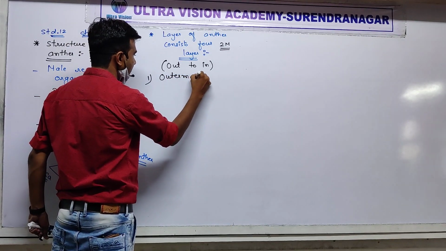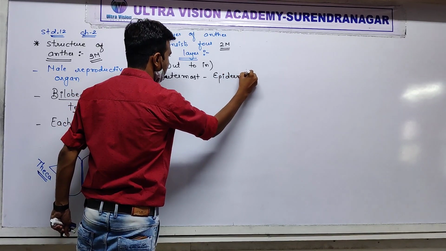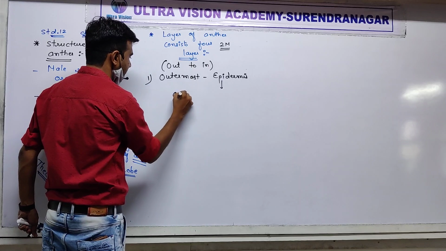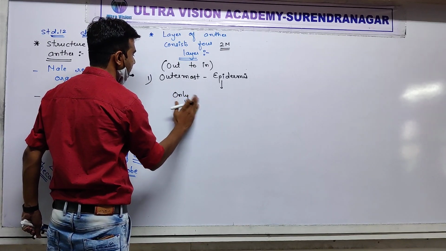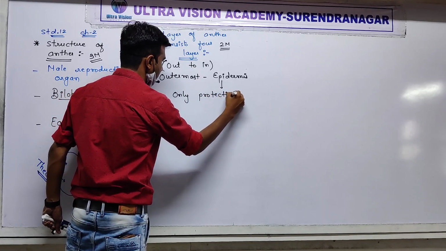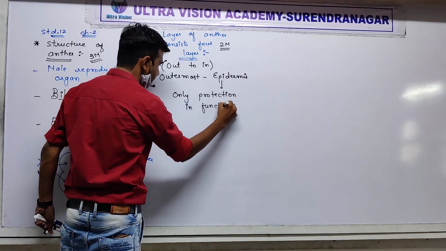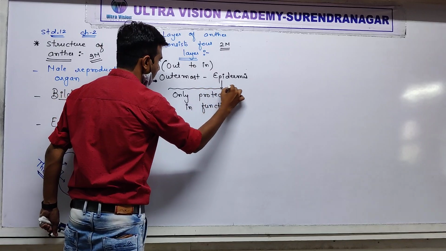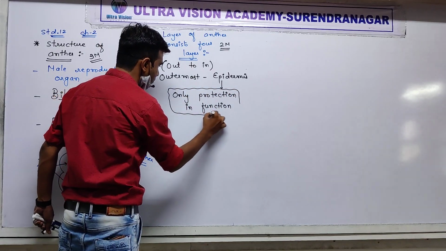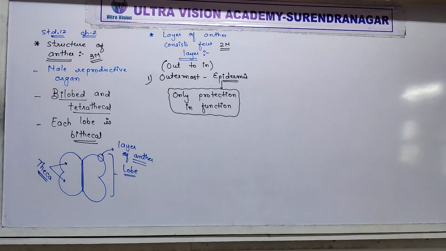Outermost layer is known as epidermis. Its only function is protection. So here names are very important. The outermost layer of the anther is known as epidermis.